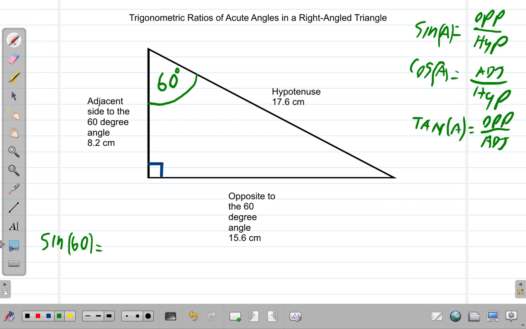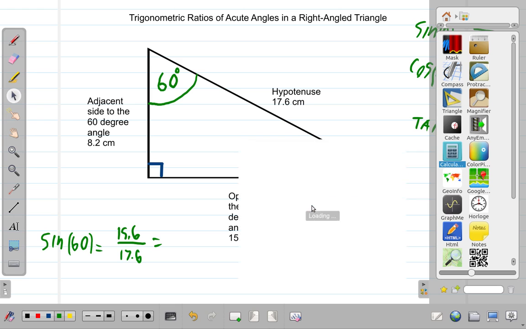Now what is the sine of 60? The length of the side that is opposite to 60 is 15.6, divided by the hypotenuse 17.6. 15.6 over 17.6.